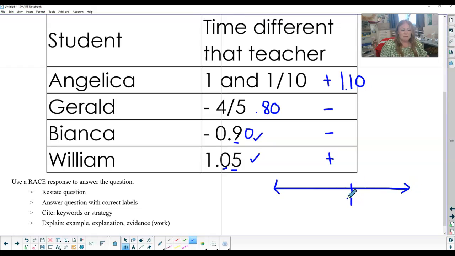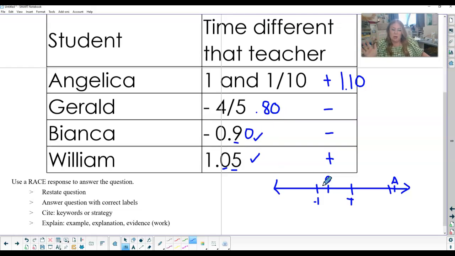So the fastest person, so if I'm thinking of these on the number line, right? So here's the teacher, kind of at 0. And Angelica went 1 1/10. So Angelica's here. Gerald went less, not quite a whole less. So here's -1. So he's about here, Gerald, 80.